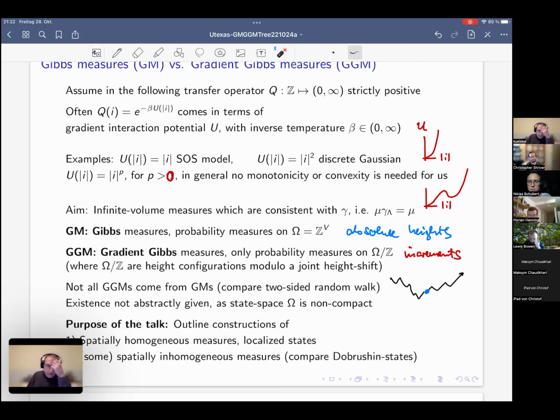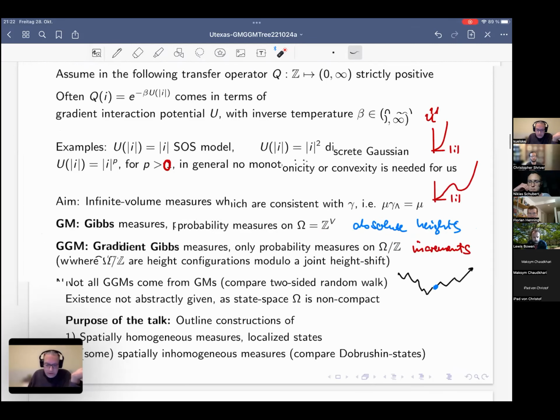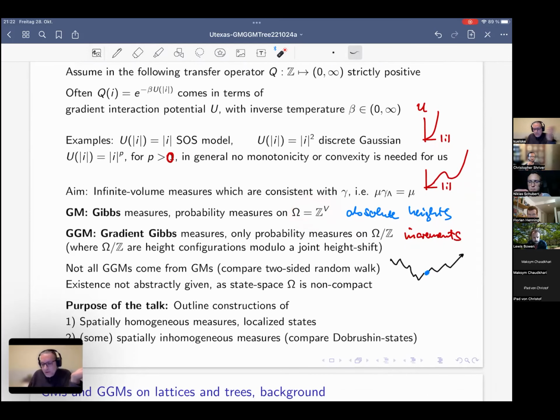And then it's important to know that, of course, if you have a measure on this space, you get in particular a measure on the increments, a measure which can also take expectations of functions which are insensitive to joint height shifts. But the other direction does not hold. Let's say if you're interested in translation invariant or automorphism invariant things, there are gradient Gibbs measures which do not come from Gibbs measures.